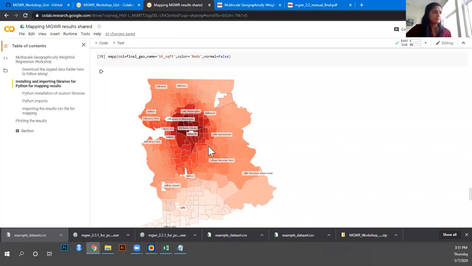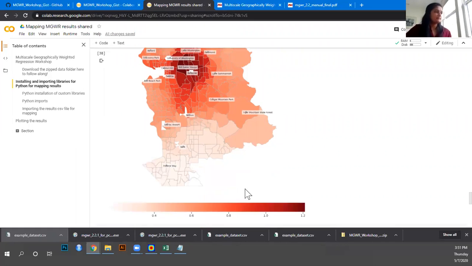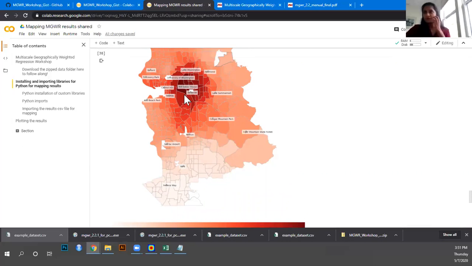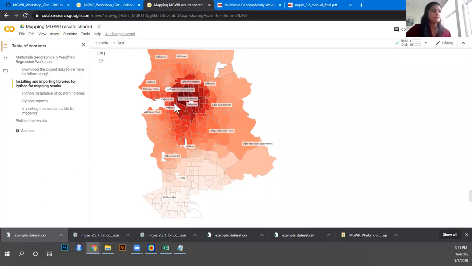So this is the map for square footage of living area. You see the reds, and you have this bar at the bottom. You see 1.2 in this area versus here, where space is not of as much value as it is here, and it makes sense because this area is where Bill Gates' house is. Obviously it's a premium location, the neighborhoods must be really expensive here, and more space is valued.